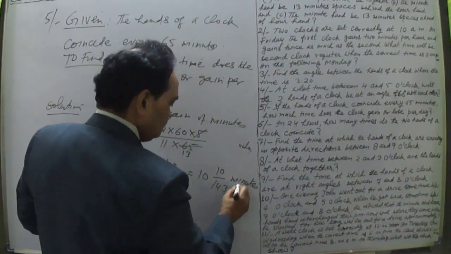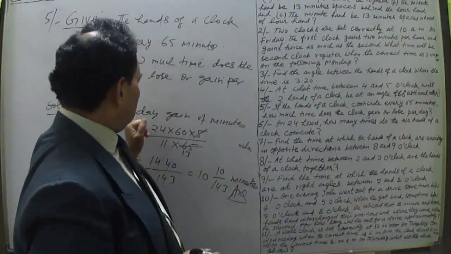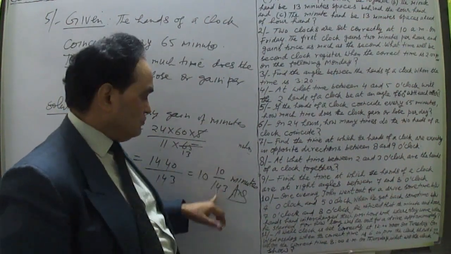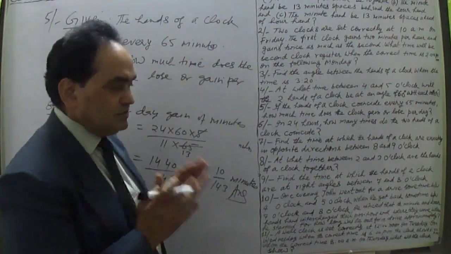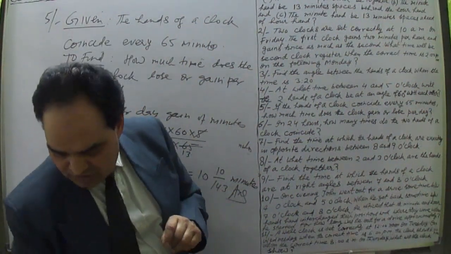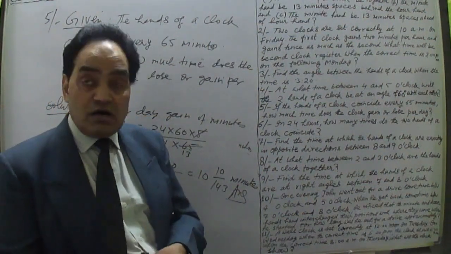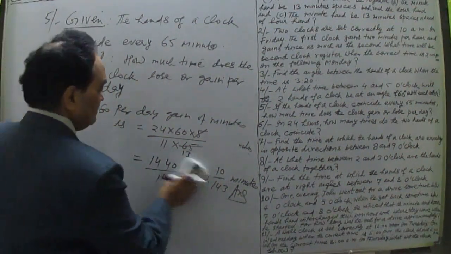Try to understand, this is the answer. The actual gain is this. So per day, gain of minutes is equal to 10 and 10 upon 143 minutes. Simple. Okay, so every 65 minutes, what is the gain given to us that we calculated? Because actually it is happening 12 upon 11 per hour, or in 60 minutes time. So this is the gain.